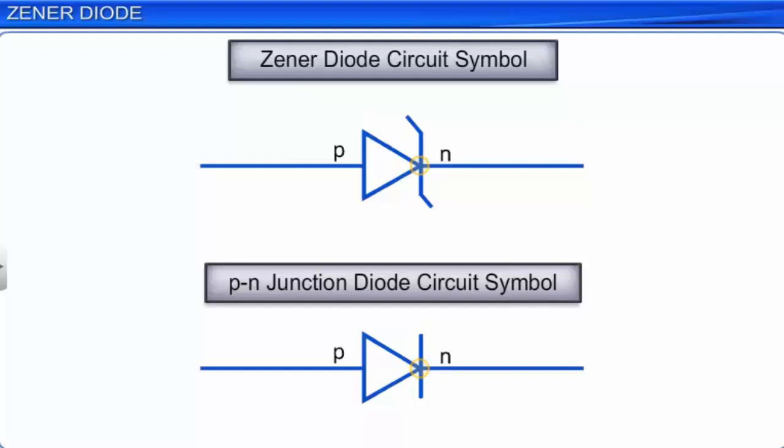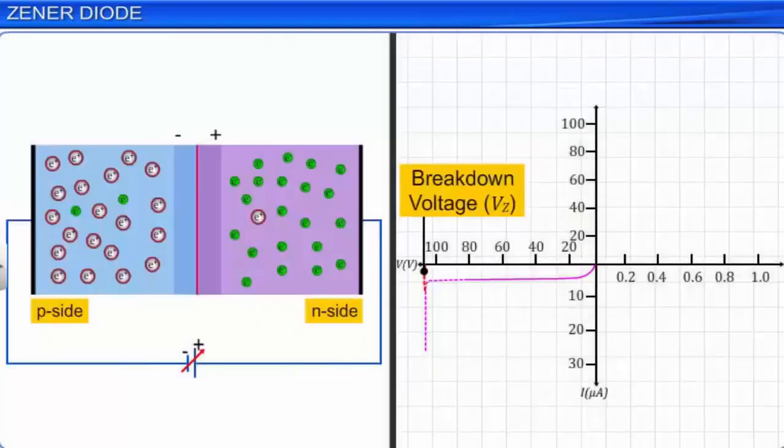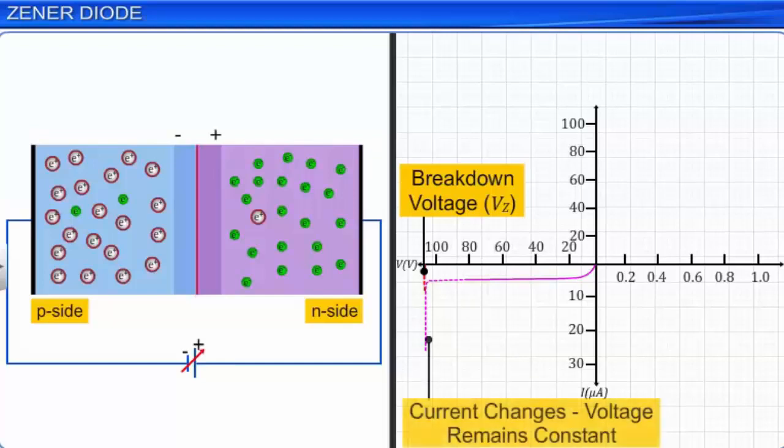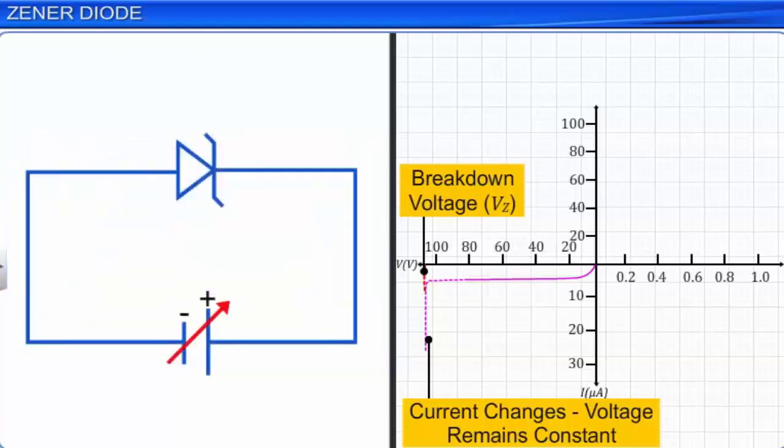Beyond the breakdown voltage, even an insignificant change in the reverse bias voltage can produce a significantly large change in the current. This implies that the voltage across the Zener diode remains constant, even though the current through it varies widely.